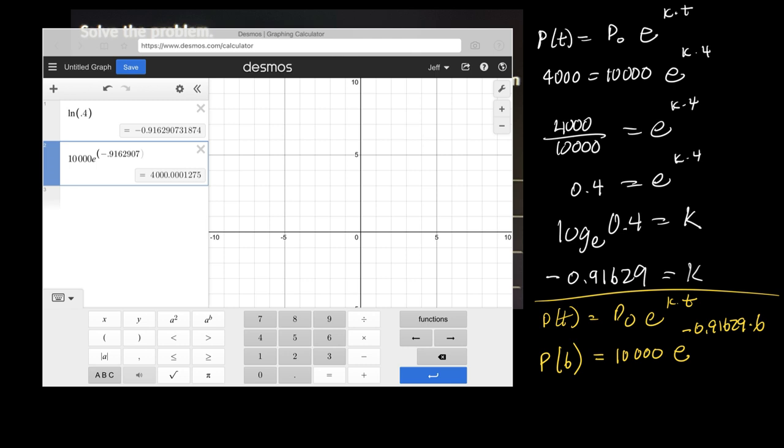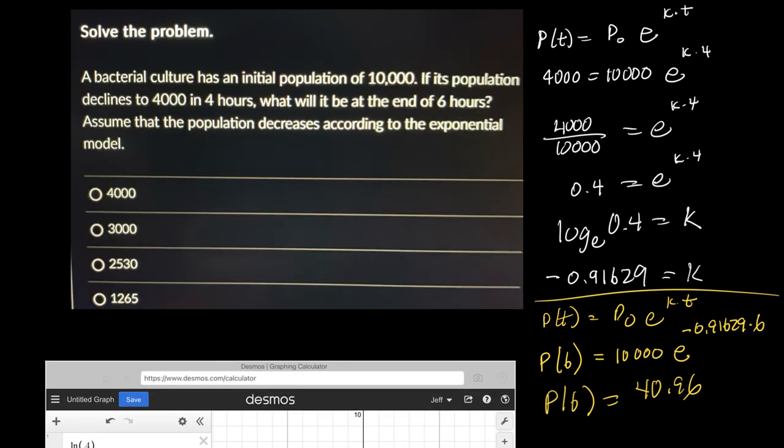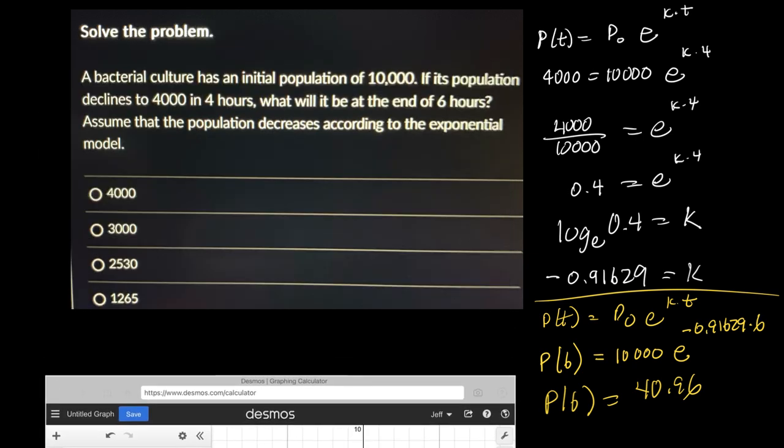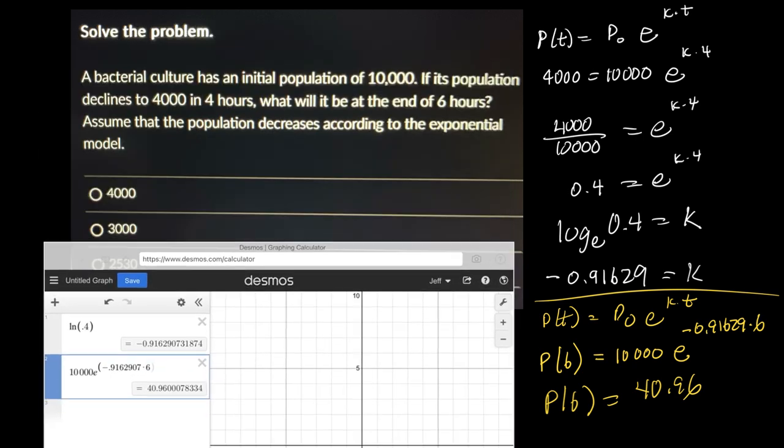Times 6. There. So after 6 hours, boy, that's going down real quick. Got to make sure I plugged in everything right. I think I did. So 40.96, or call it 41. Well, let's see what their answers are. Nothing anywhere close to my answer.